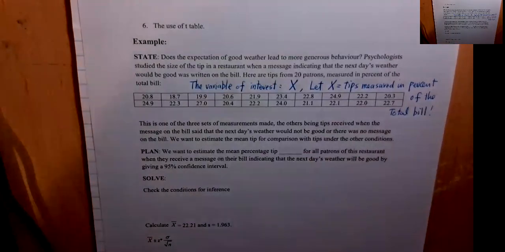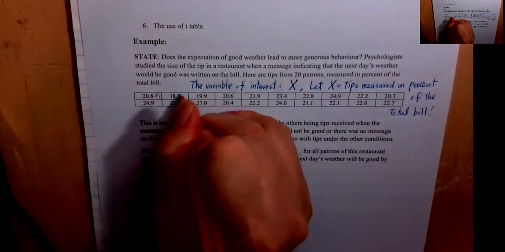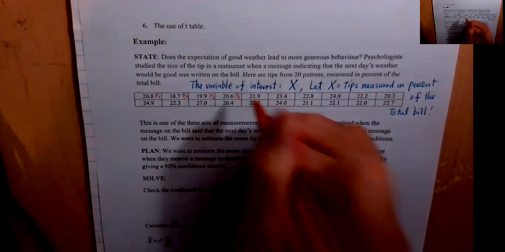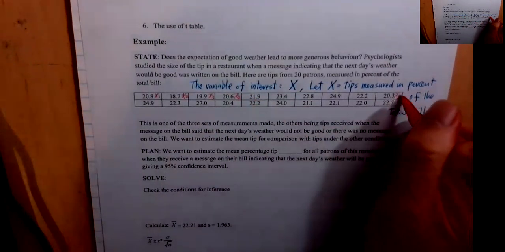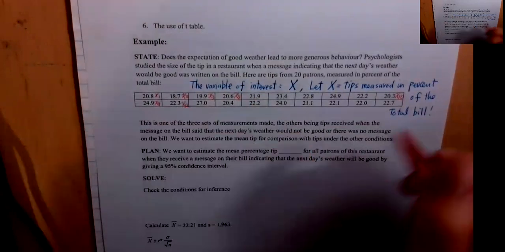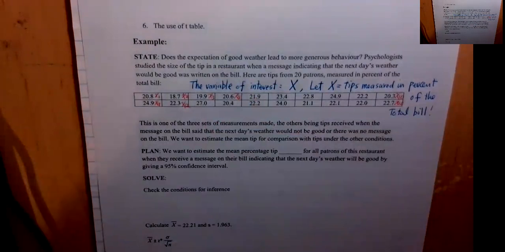Okay, so look at the given data set. This is X1, this is X2, this is X3, this is X4, and this is X10, X11, X12, all the way up to X20. So what is the assumption we made?